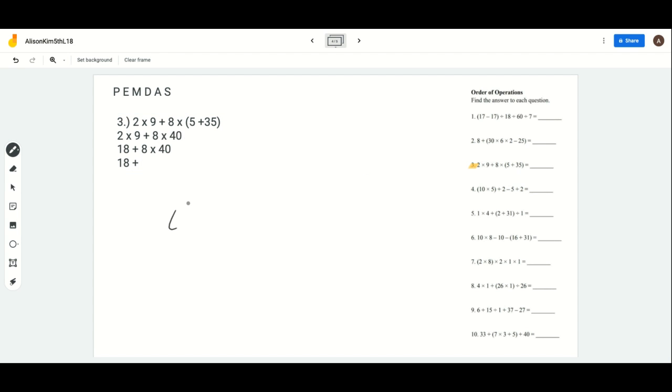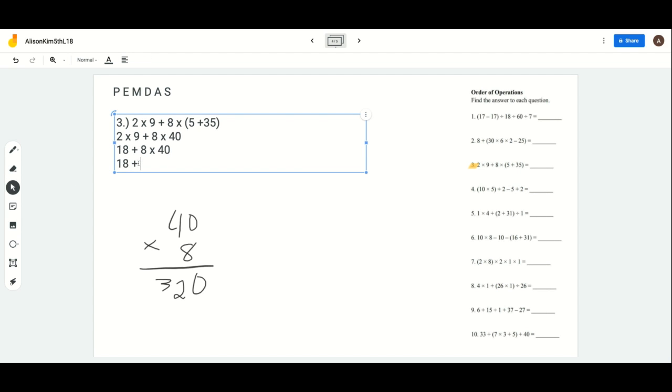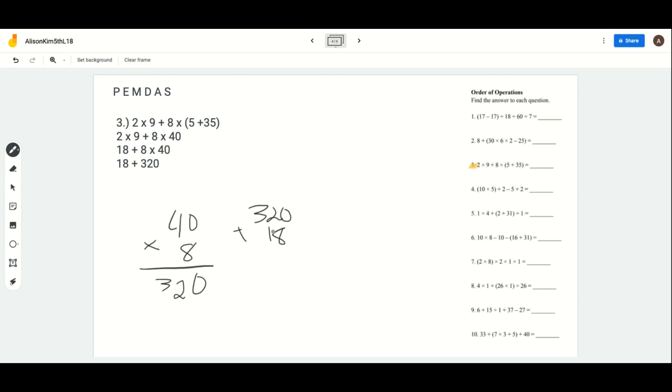So 40 times 8 is 0, and then 32. So we'll get 18 plus 320. So once we add that all together, 320 plus 18 is 338.